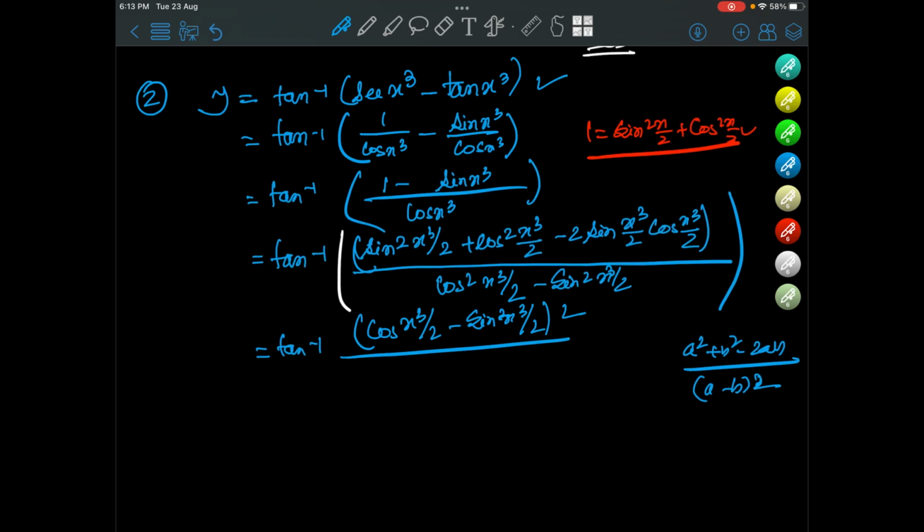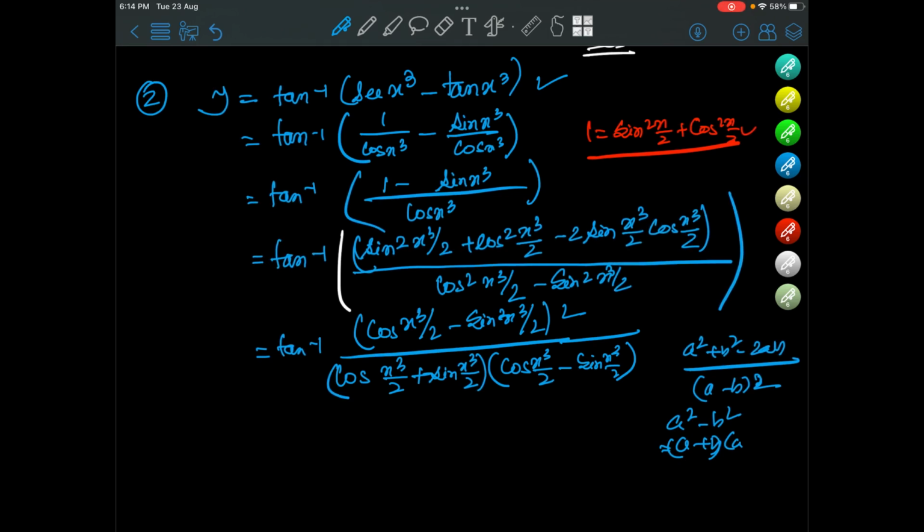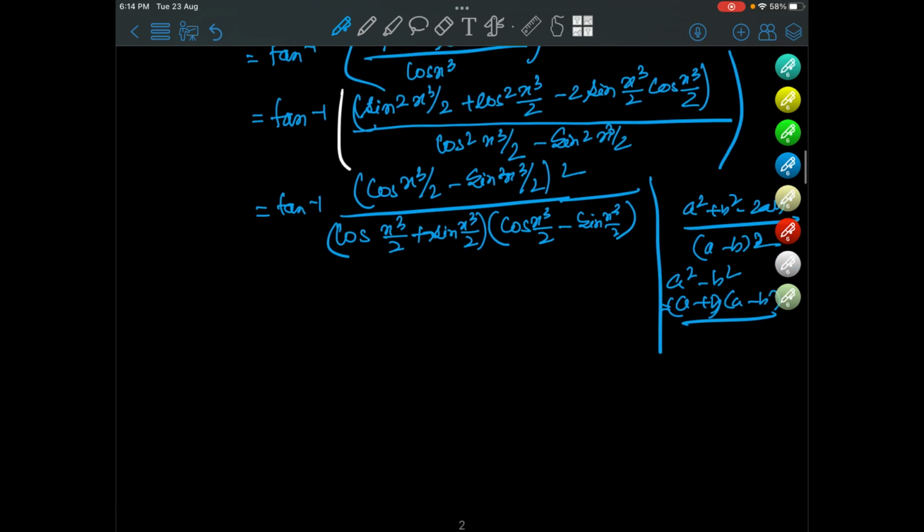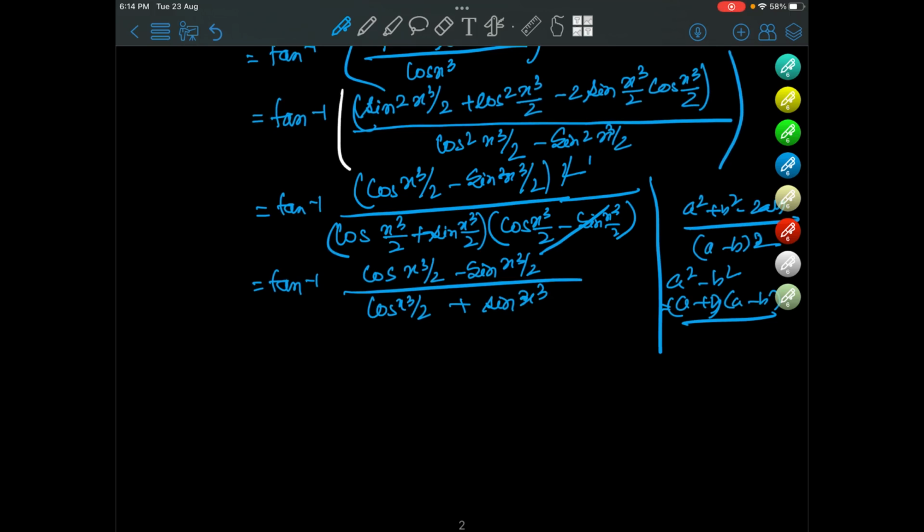The denominator, cos square minus sin square, is a square minus b square, which is (a plus b)(a minus b). These are basic algebraic formulas which we did in class 7. Now we cancel the common factor, so tan inverse of (cos x cube by 2 minus sin x cube by 2) over (cos x cube by 2 plus sin x cube by 2).